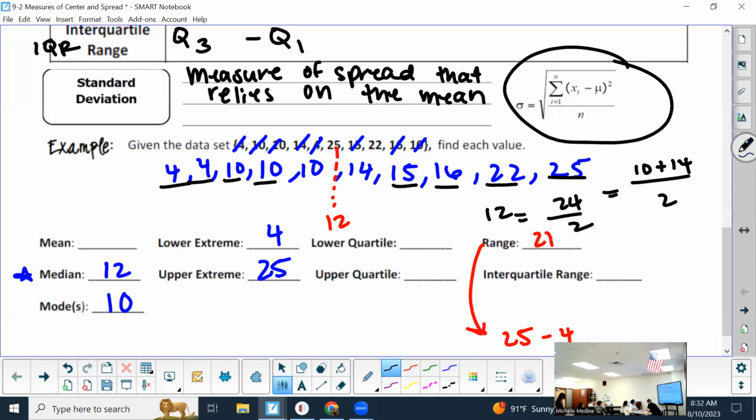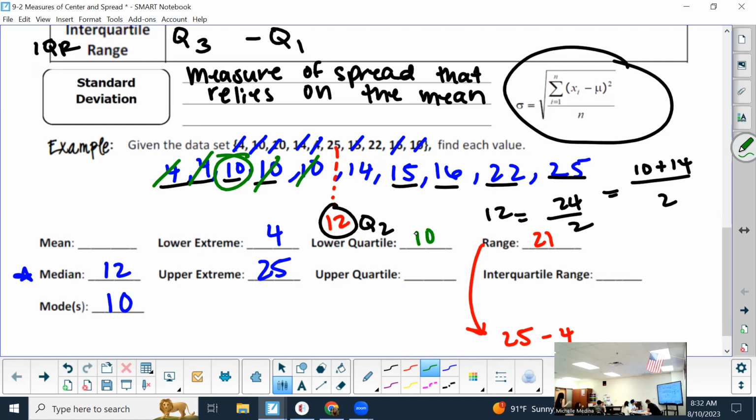All right, that's my Q2. I'm just going to label it. All right, to find my Q1 or my lower quartile, make sure you don't cross out the median, but you also go left, right, left, right, until you get a middle number or middle two numbers. So my lower quartile is 10.